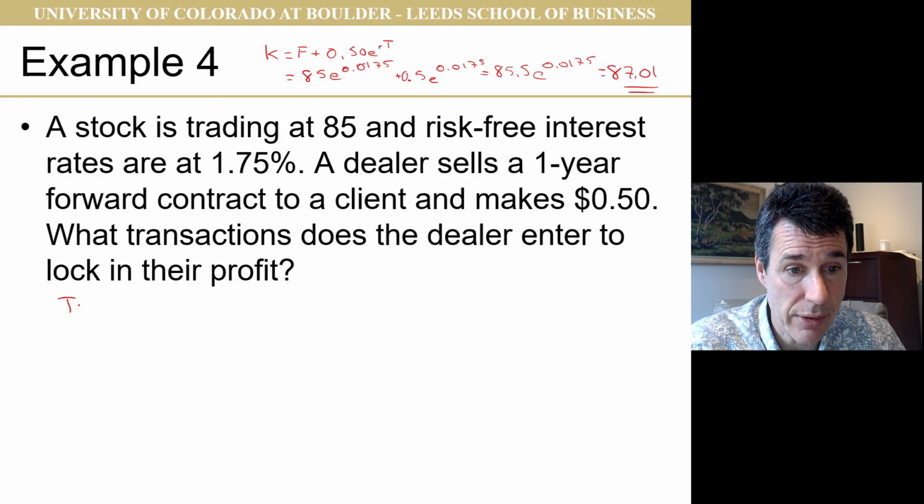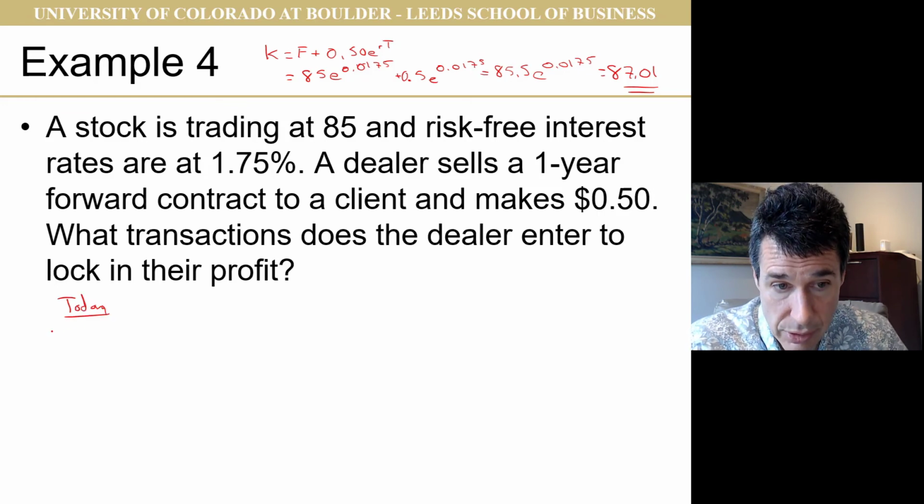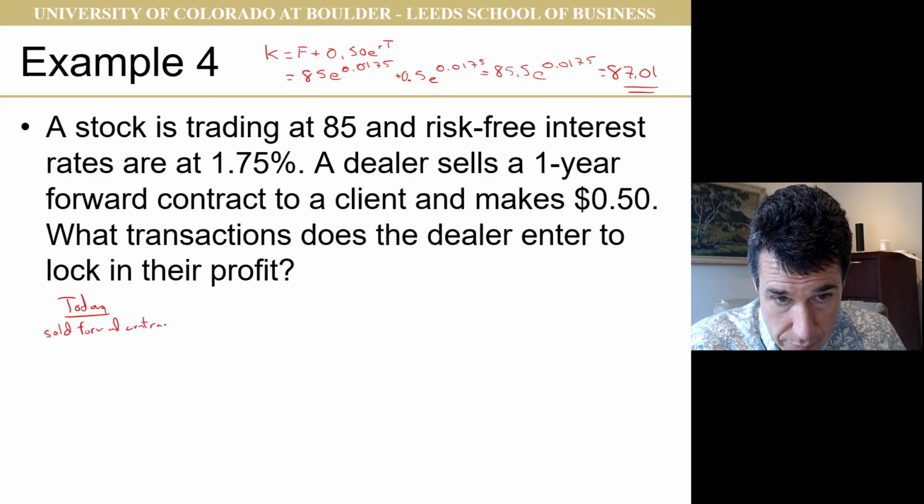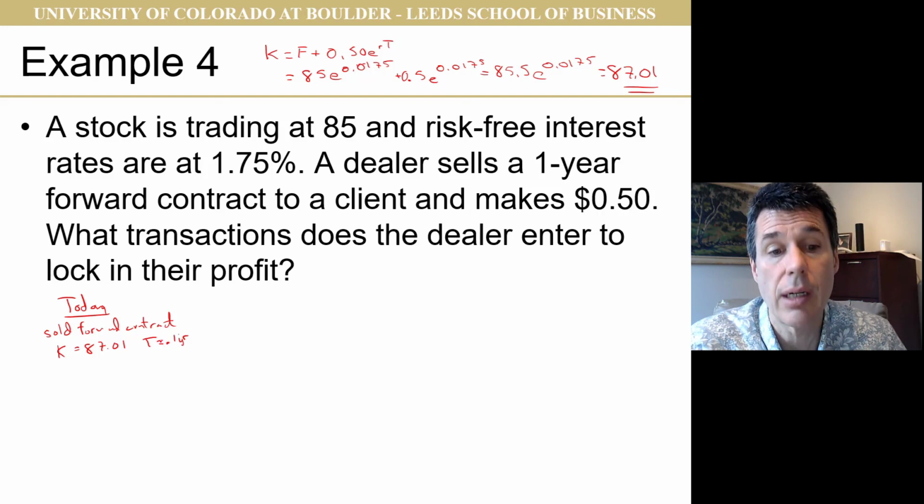So today, what does he do? He has sold, so he is agreeing to sell, forward contract with strike 87.01. Maturity is 1 year. Okay, no money changes hands. What does he do?